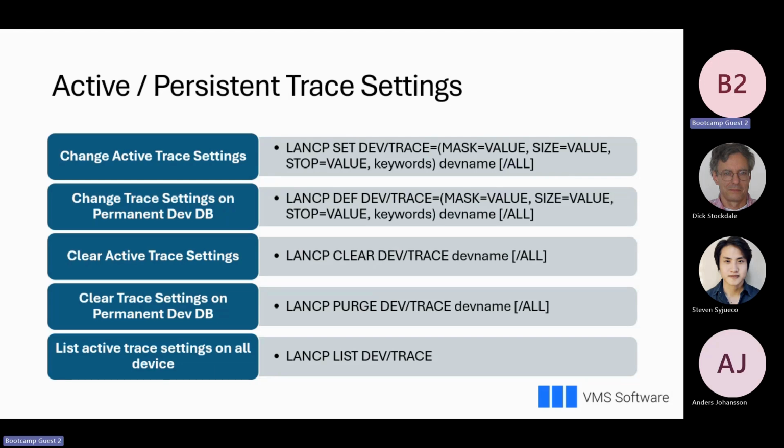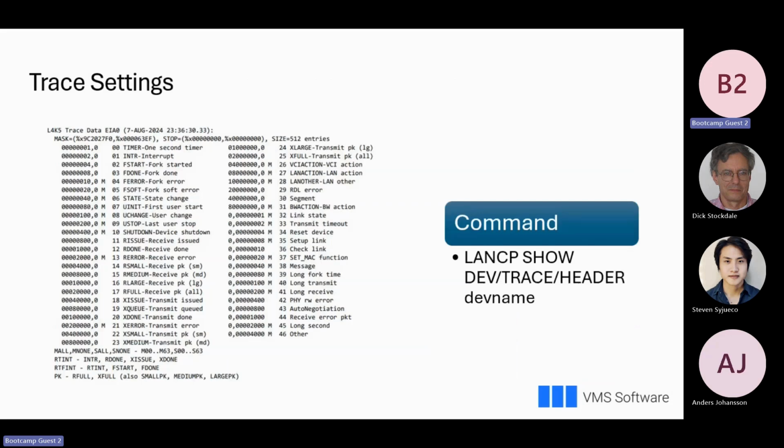Now, if I'm going to set the active trace setting, just for the current session, I would use this command. It's just LANCP set dev trace equals, in parentheses, your trace mask, the buffer size, the stop mask, or any keywords that you want to use. The keywords, we can go back to this. Some of the keywords that are available are found here, but you can get a more complete list using the QR code earlier.